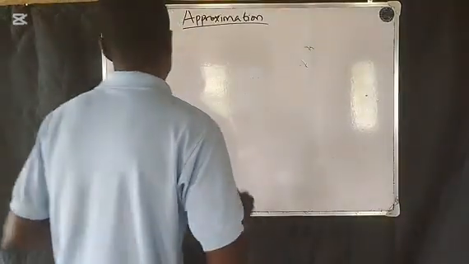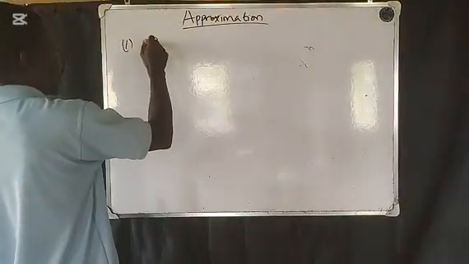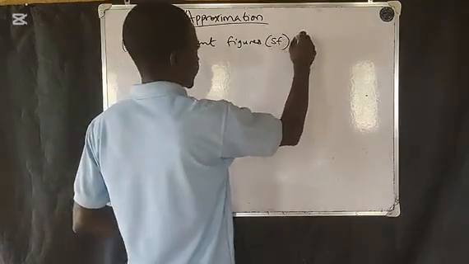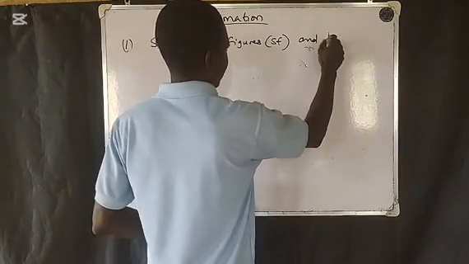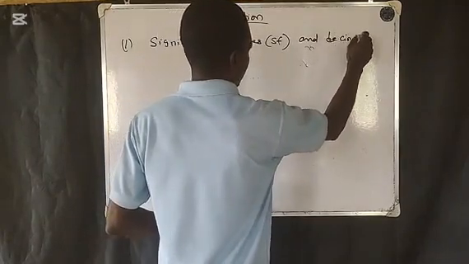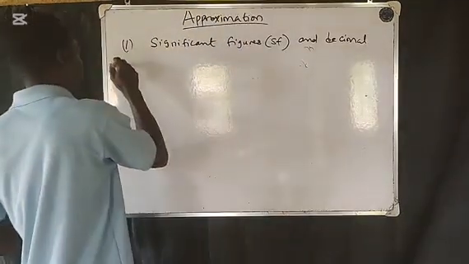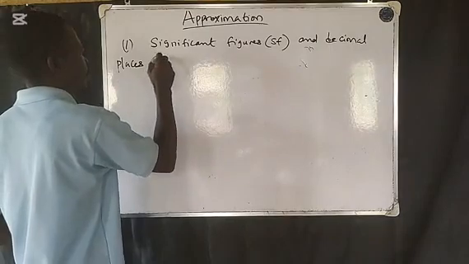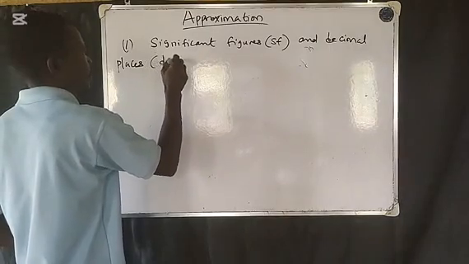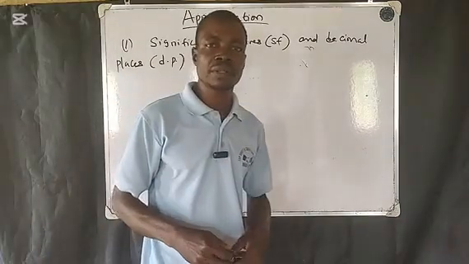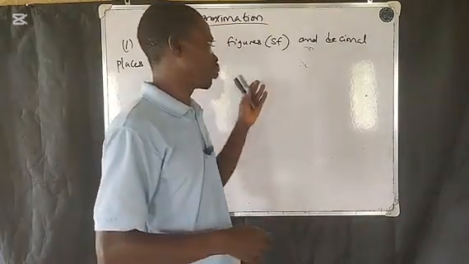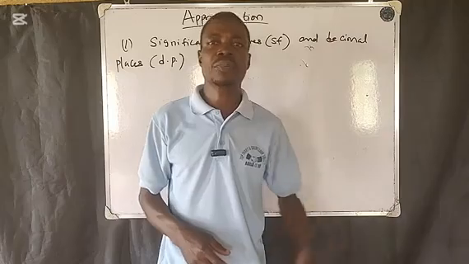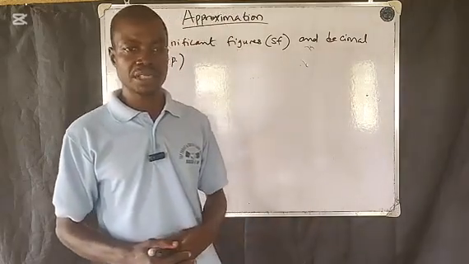Approximation. Let's first look at significant figures, SF, and decimal places. You can approximate numbers to any number of significant figures and any number of decimal places.